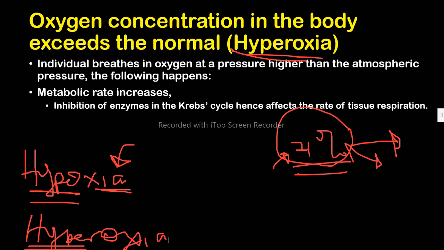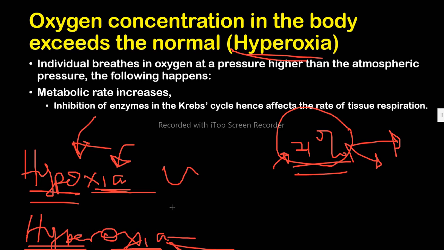Oxygen is too much. Even remember with long-sightedness and short-sightedness. The other one was hyperopia. Then the other one was myopia. You remember? So this is hypoxia: oxygen is under normal. Hyperoxia: oxygen is above normal.